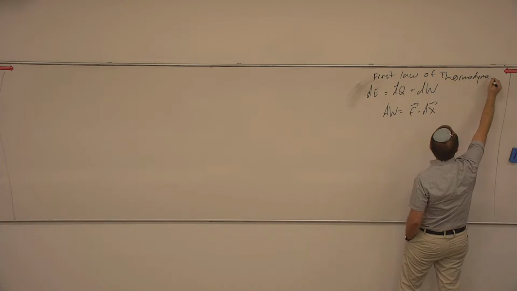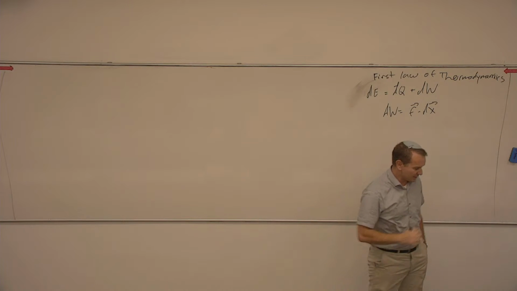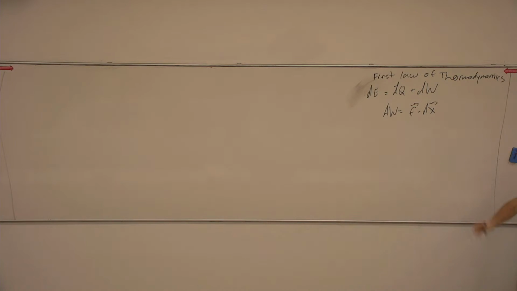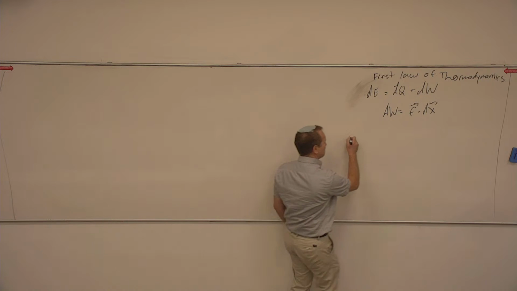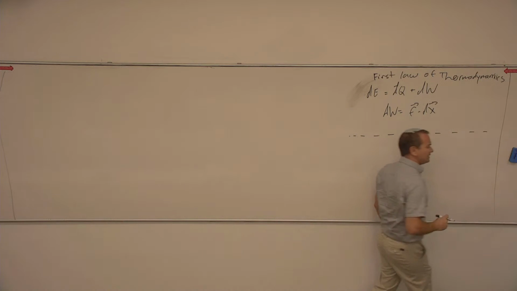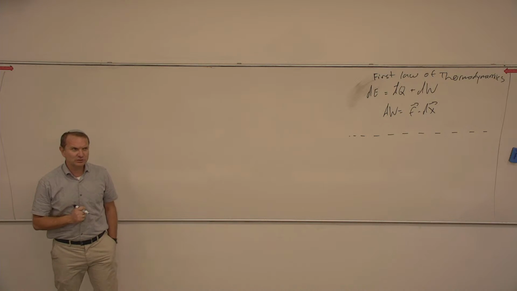Okay. Now we are going towards the second law of thermodynamics, because this is nice for explaining something about the energy, but the second law of thermodynamics goes a little bit further. First of all, what are we talking about?